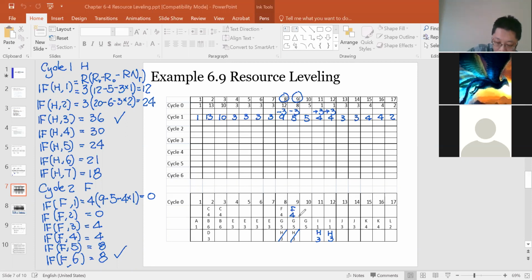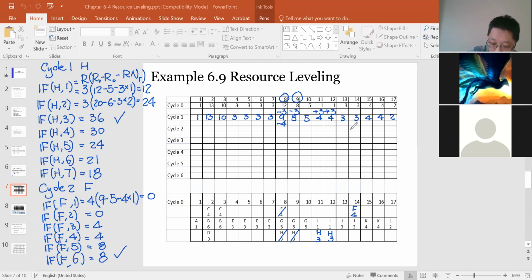Okay, so now we decide to move this F by 6 days. F right now is at 8, plus 6, I'm going to move this to 14. So the new location of F is at day 14. Let's adjust our cycle 2's result. On day 8, we minus 4.